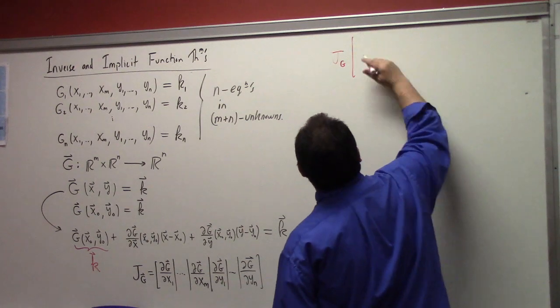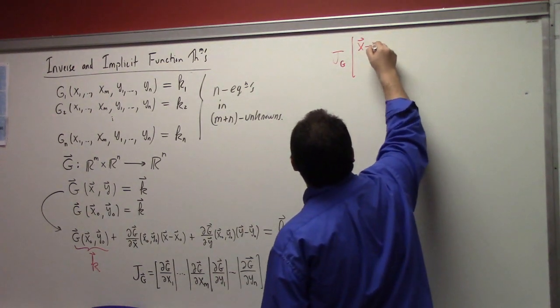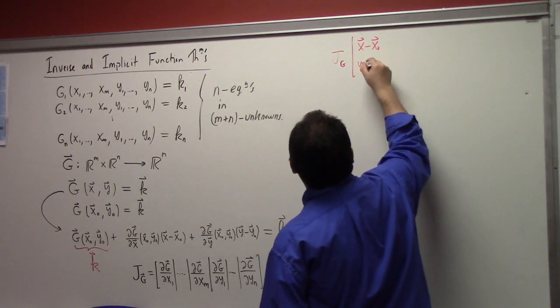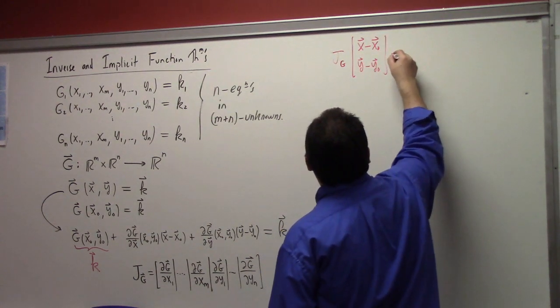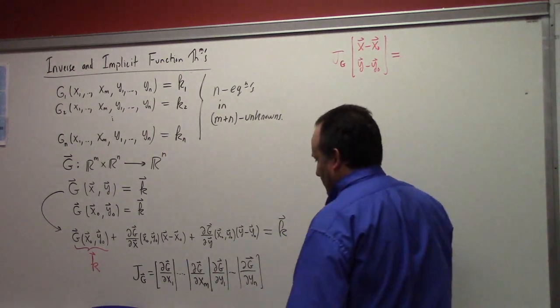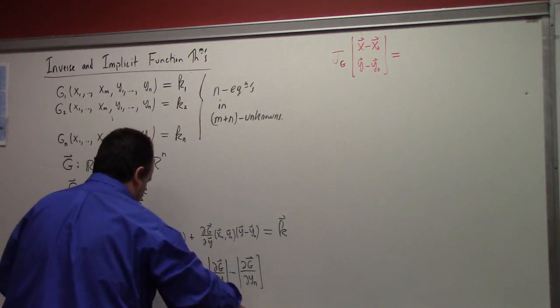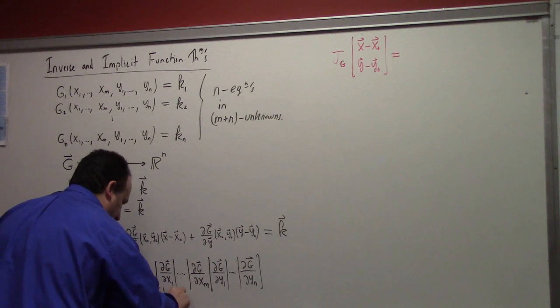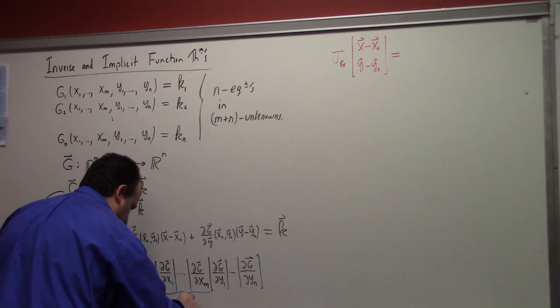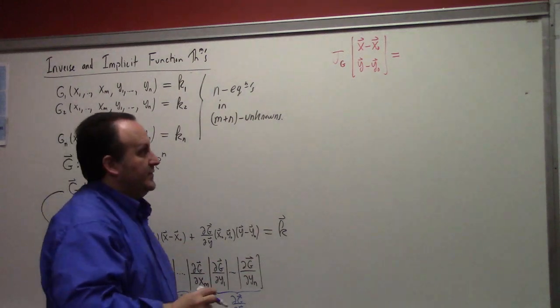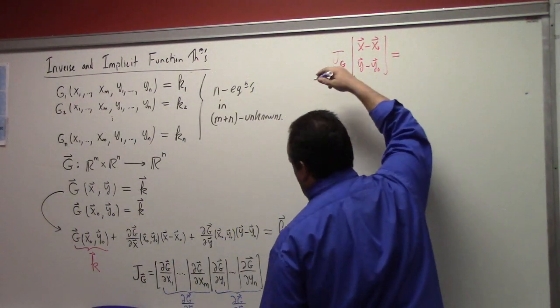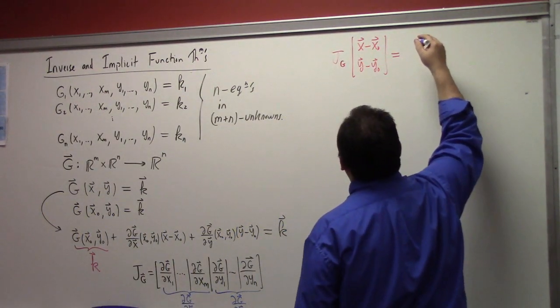I'm actually multiplying it by x minus x naught and y minus y naught. This matrix right here is defined to be partial g, partial x. And this one over here is partial g, partial y.